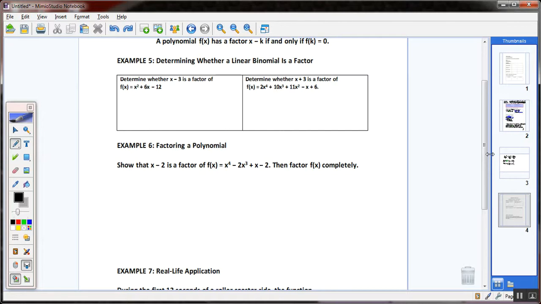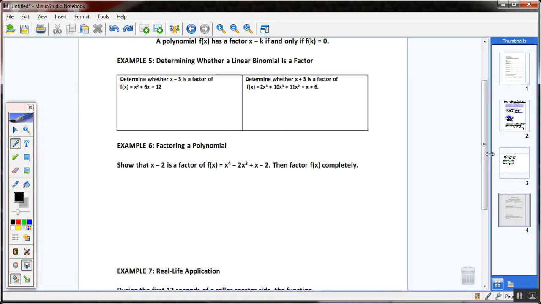Give me a factor of 32. What's a factor of 32? 8. Why is 8 a factor of 32? How many times does 8 go into 32? 4. So 4 times 8 gives 32. What's that make your remainder? 0.